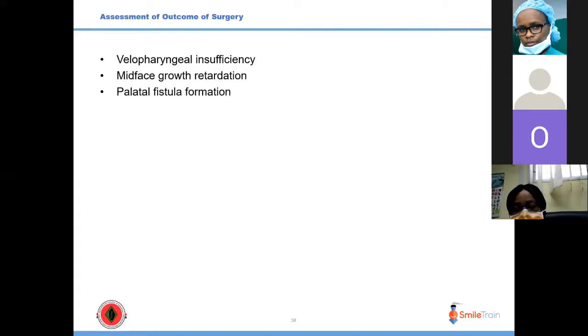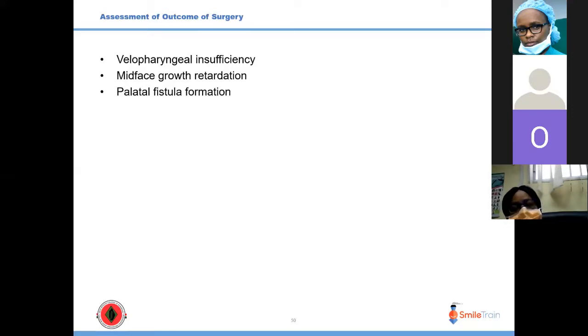How do we assess the outcome of surgery? Velopharyngeal insufficiency is one of the ways to assess the outcome of the surgery, as well as midfacial growth retardation and palatal fistula formation.